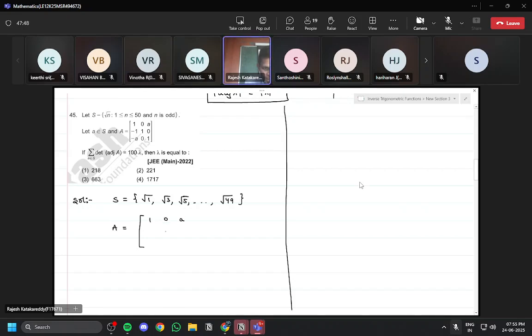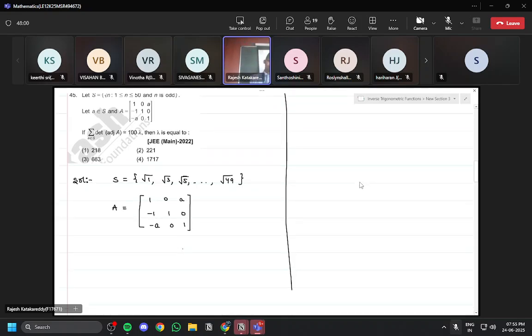Now they have given a belongs to S and matrix A is equal to [1 0 a; -1 1 0; -a 0 1]. This is matrix A. Now, the summation over a belongs to S of det of adjoint of A is equal to 100 lambda. The entire problem first depends on det of adjoint of A. For a 3 cross 3 matrix, det of adjoint of A is equal to determinant of A whole squared.